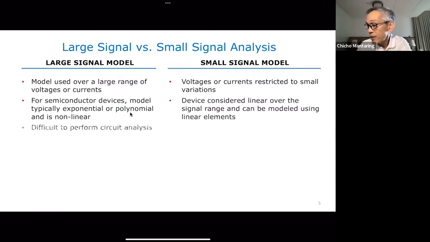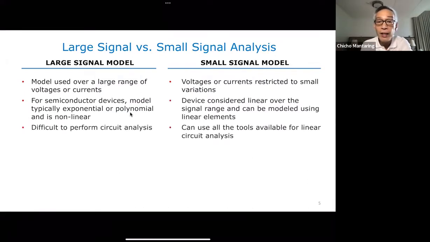Okay, so for the large signal model, it's difficult to perform circuit analysis. You're going to usually have to do an iteration or use the solve function of your calculator. Whereas for the small signal model, nakita na natin in EEE 123 that we can apply nodal analysis, we can apply circuit simplification, we can apply the phasor method.